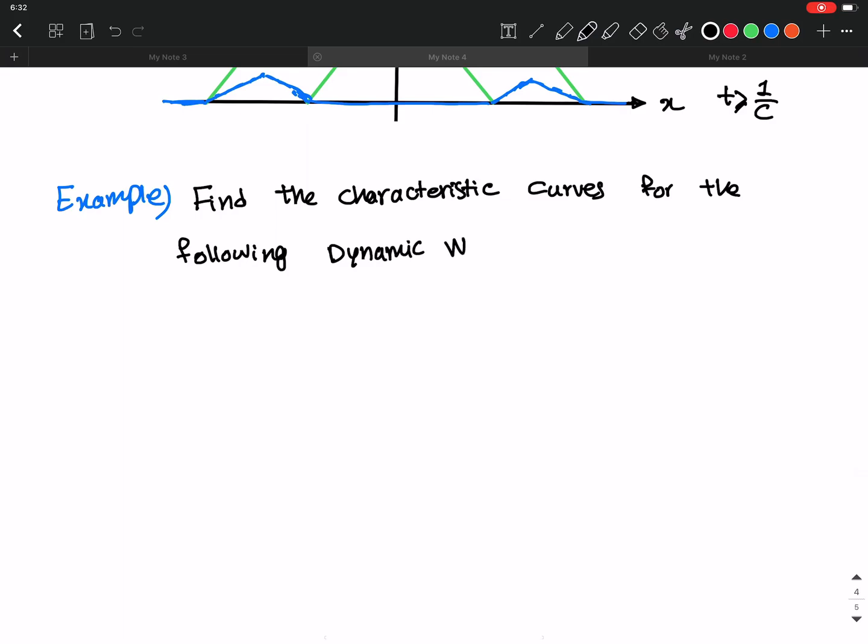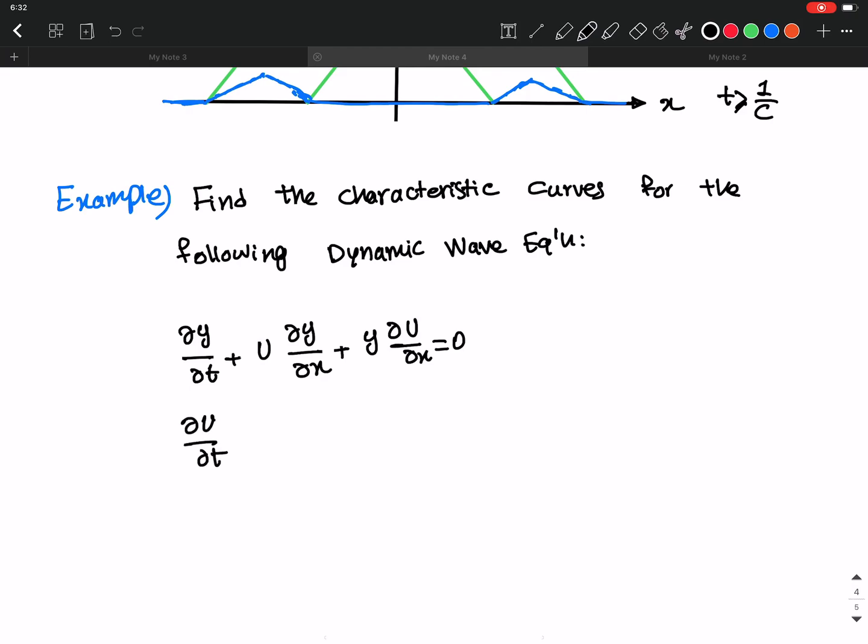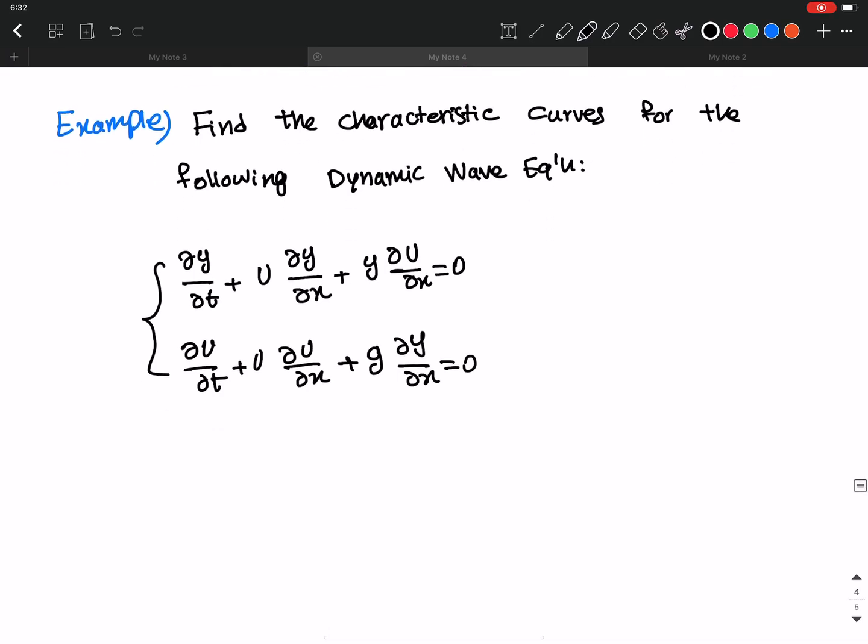So this is the dynamic wave equation: partial y partial t plus capital U partial y partial x plus y partial u partial x equals 0, and then partial u partial t plus u partial u partial x plus g, which is the gravitational constant, partial y partial x equals 0. So we want to find the characteristic waves for this equation.